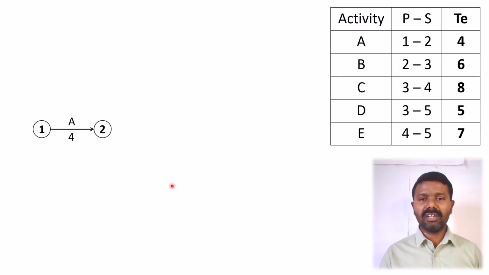So now first, the activity A is starting from 1 to 2, and B is starting from 2 to 3, like this we will draw. Then the activity C is starting from 3 to 4, that is the duration given.